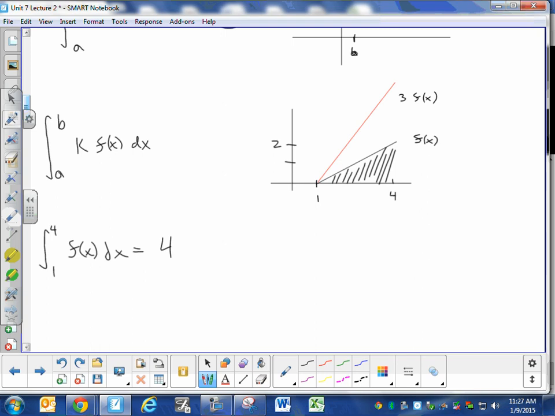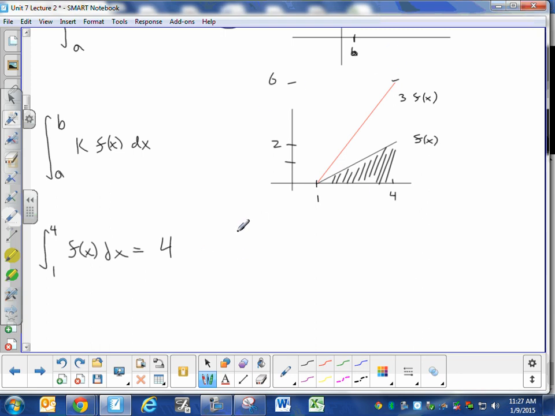Now, I will take all of these function values and I'll multiply them by 3. This is our kind of transformed function. So everything gets multiplied by 3. So what was 2 becomes 6 up here. And we have a new triangle.